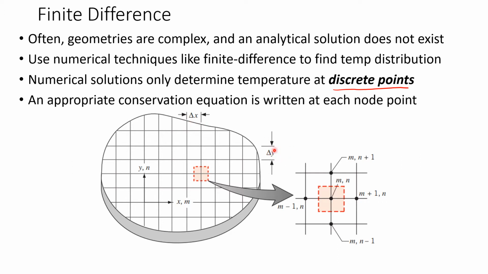In most cases you will see that delta x and delta y are equal, but it's not always true. Like you see on these particular surfaces, your delta x's and delta y's aren't the same. The intersection points right here are called node points.